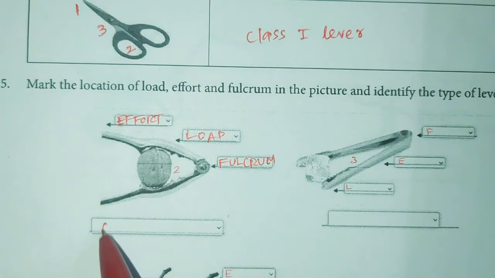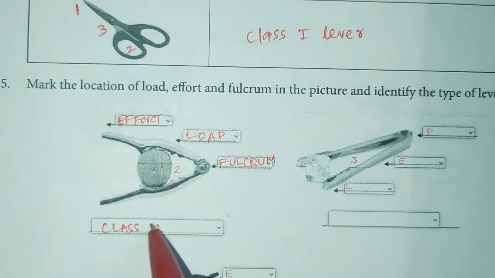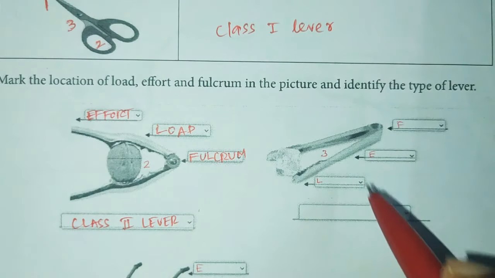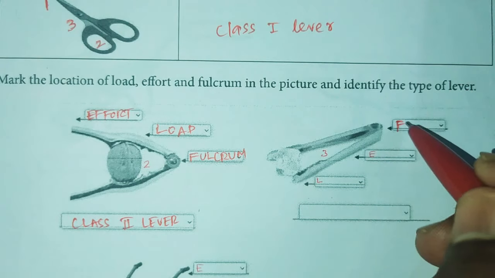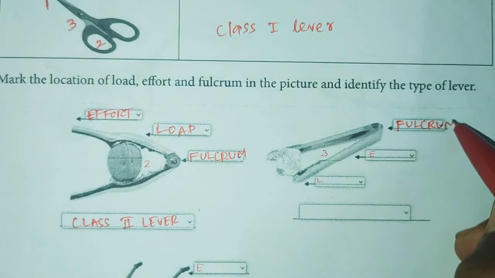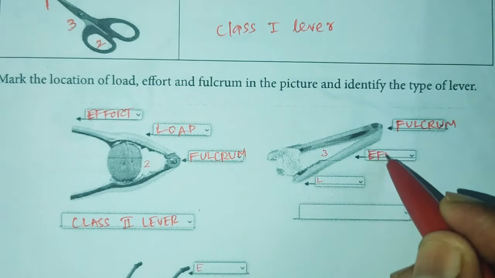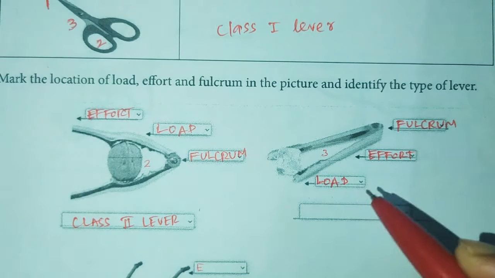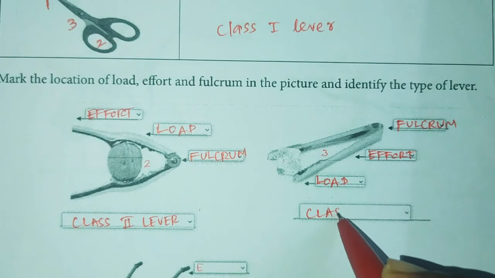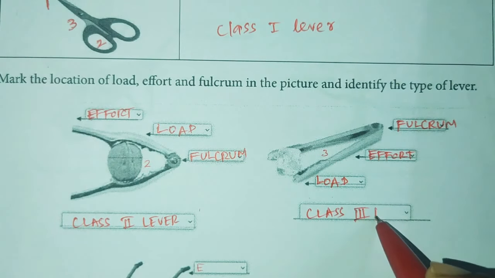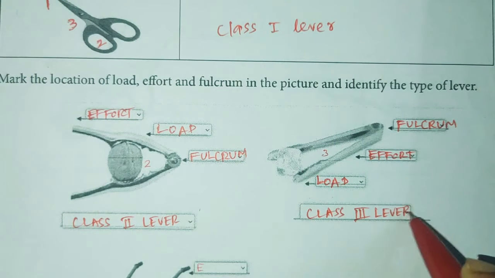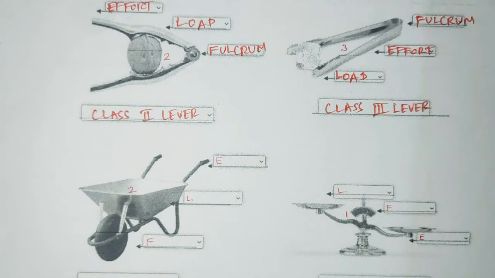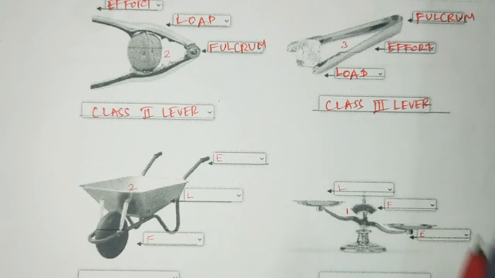So this is class 2 lever. Next, tong: this point is fulcrum, this point is effort and this point is load. This is class third type lever. Next, this is wheelbarrow.